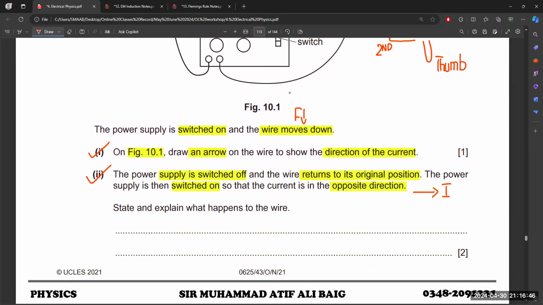So basically this time the wire moves upward. When we reverse the direction of current, the wire moves up as the direction of force on the wire is reversed, right?